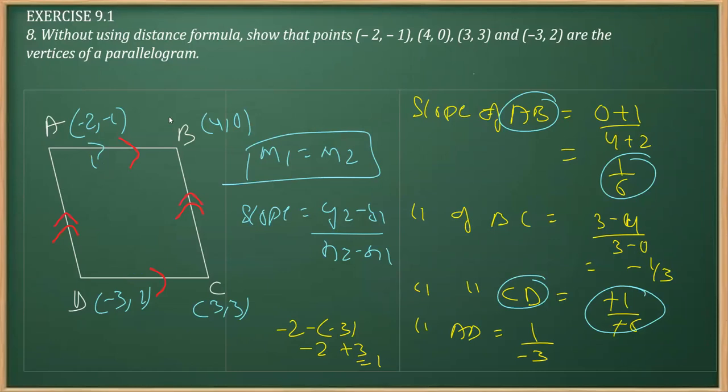Likewise, the slope of BC is minus 1 over 3, and AD is also minus 1 over 3. Since the slopes of these are equal, they are parallel.